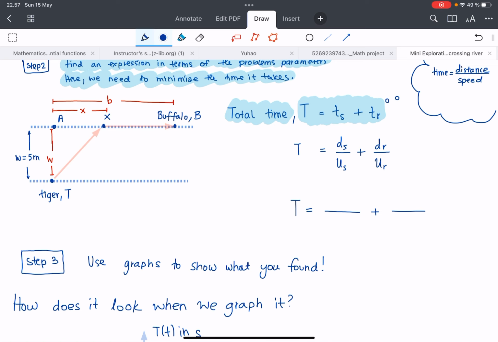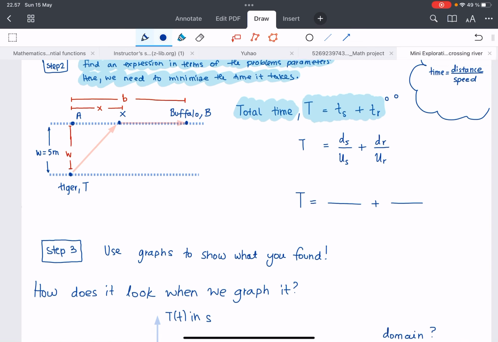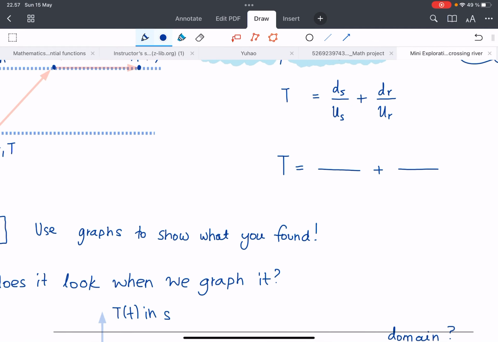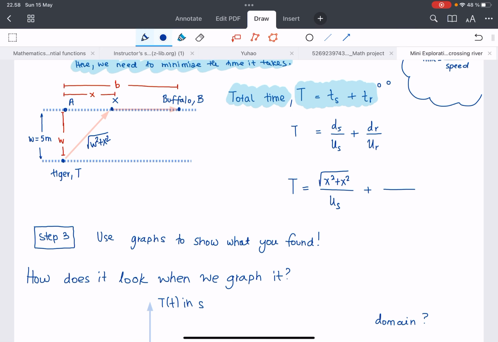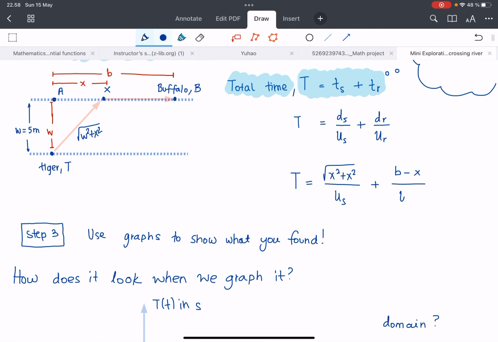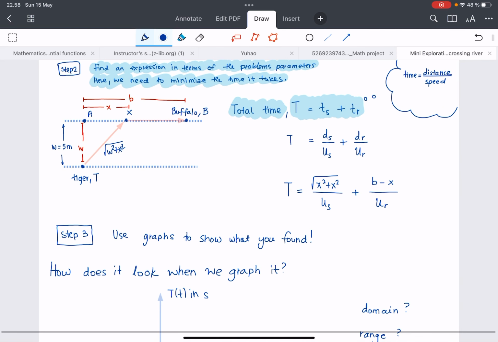So, as I promised before, this distance is going to be the square root of w squared plus x squared. So here, that's the swimming distance, and this is the swimming speed. And the running distance is going to be b minus x over vr.